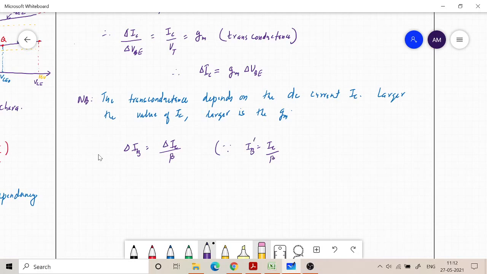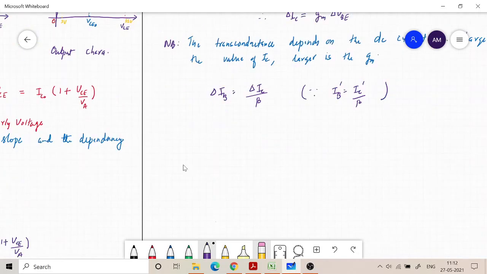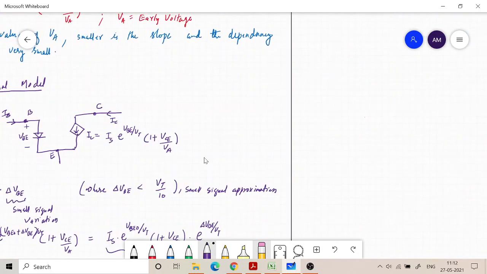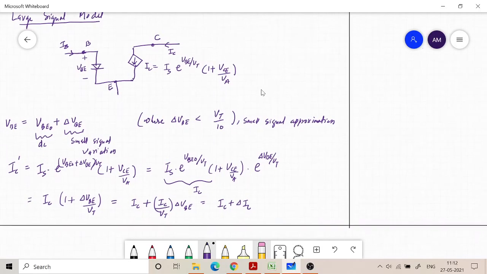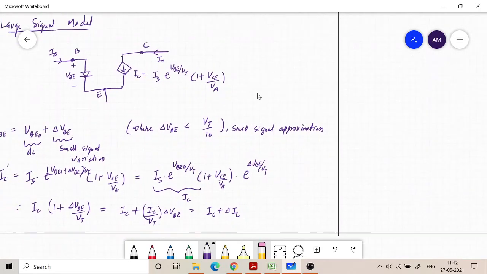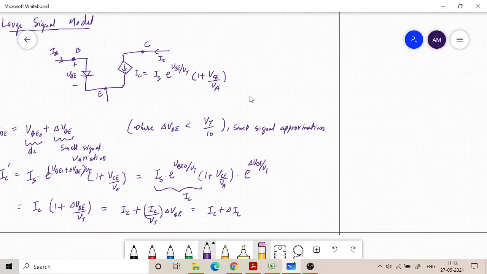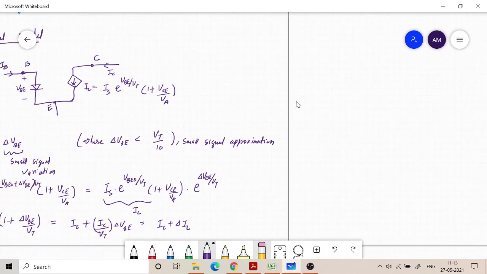So IB dash is also going to be IC dash by beta. So the earlier expression that we have received, you just need to divide by beta. Earlier we have written the expression for IC dash. If you divide that by beta, we will get the expression for IB dash.